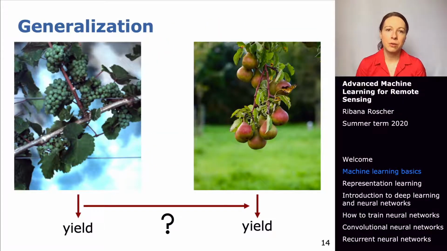If you can determine a model, let's say for grapevine yield estimation, and this would also work for pear yield estimation, you would have a model with a high generalization power. Unfortunately, this is very hard to achieve, and very often it depends on the quality and the variety of your samples from which you derive the model. But it's always good to go for a model with a high generalization power.